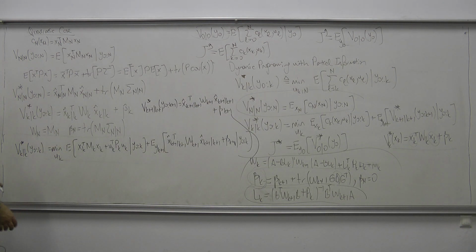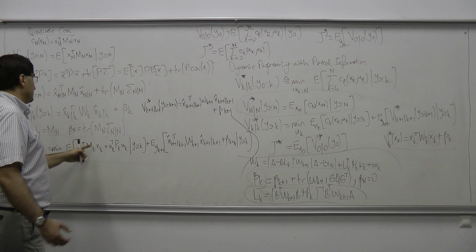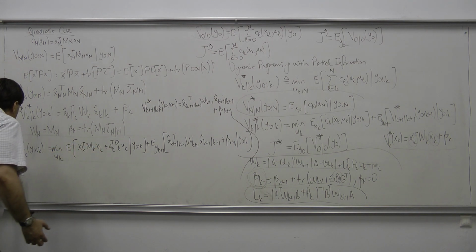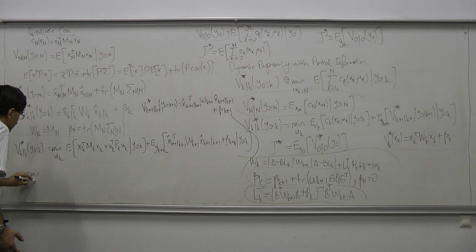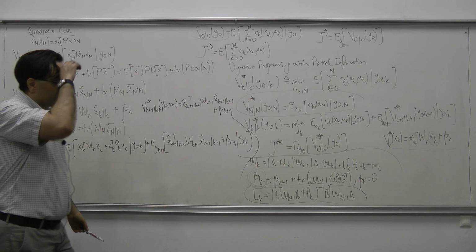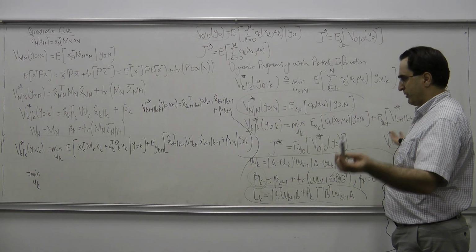So now let us start taking expectations. This expectation is really easy. So I would have the minimum with respect to uk. In the finite state Markov chain case, we used infimum. Here I want to use just minimum because we are working with quadratic functions and we don't have any constraints.